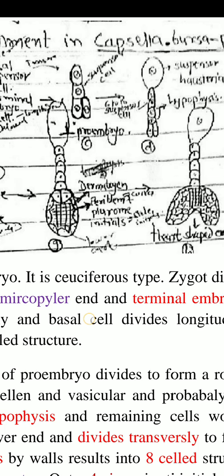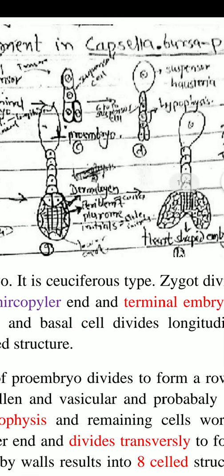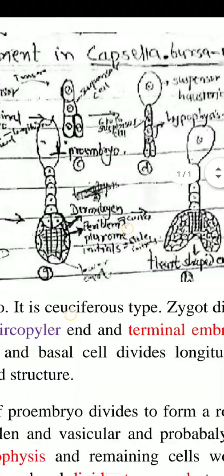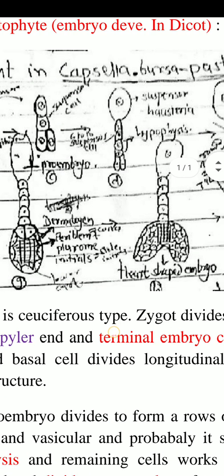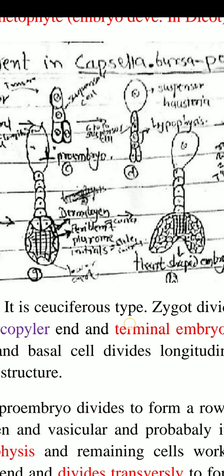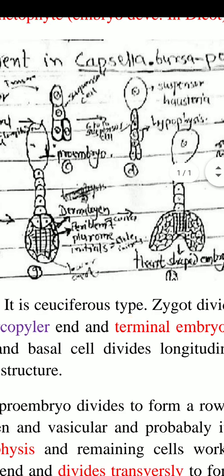Within these six cells, in diagram D, the uppermost cell becomes very large in shape, hyaline in structure, and this becomes the suspensor haustorium. This haustorium is important for nutrition: it grows deep into the parenchymatous cells of the nucellus and absorbs food material, which is supplied to the other cells.